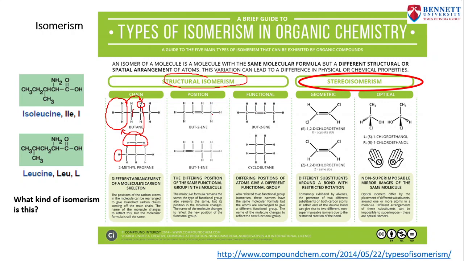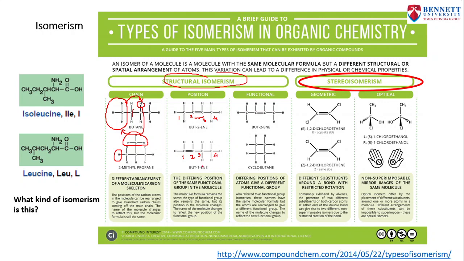Positional isomerization is when a functional group, for example a double bond, changes its relative position in the molecule. Here, if you look at the numbering, the double bond is between carbons 2 and 3. In this molecule, the double bond is between carbons 1 and 2.